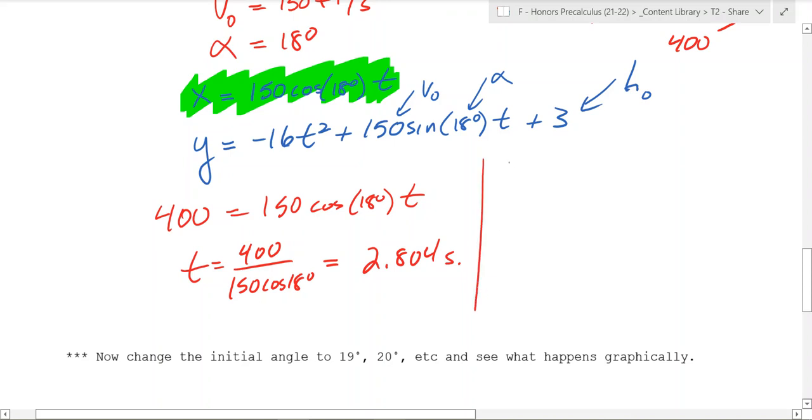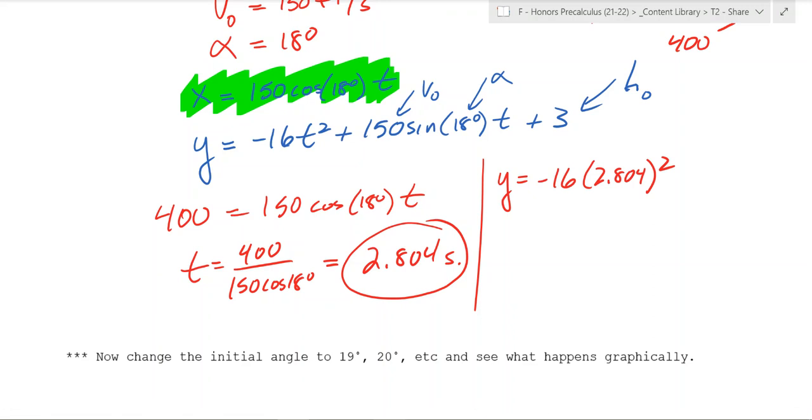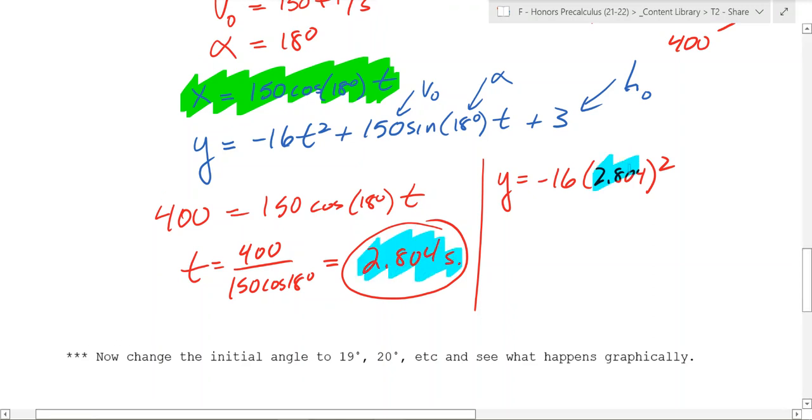Now you want to know, what's the height when it's this time? So the height when it's that time is y equals negative 16 times 2.804 squared. We're taking this number right here and we're plugging it in for t. We've got to keep going.